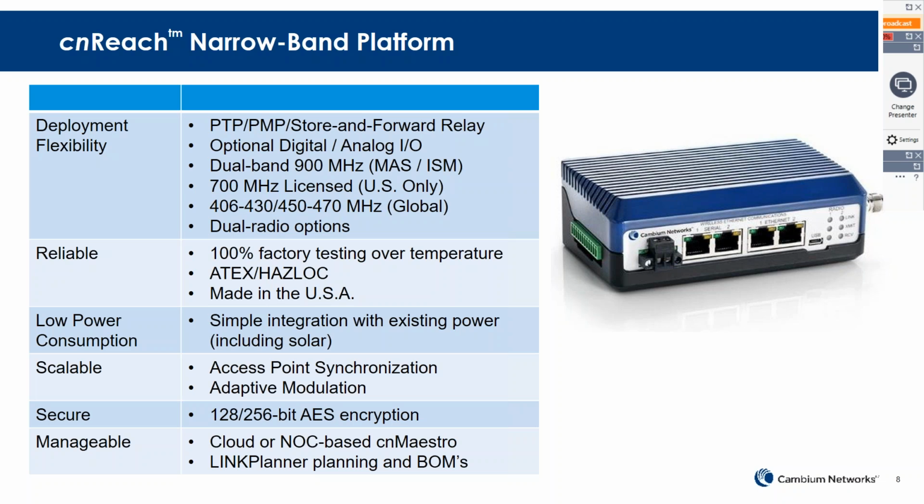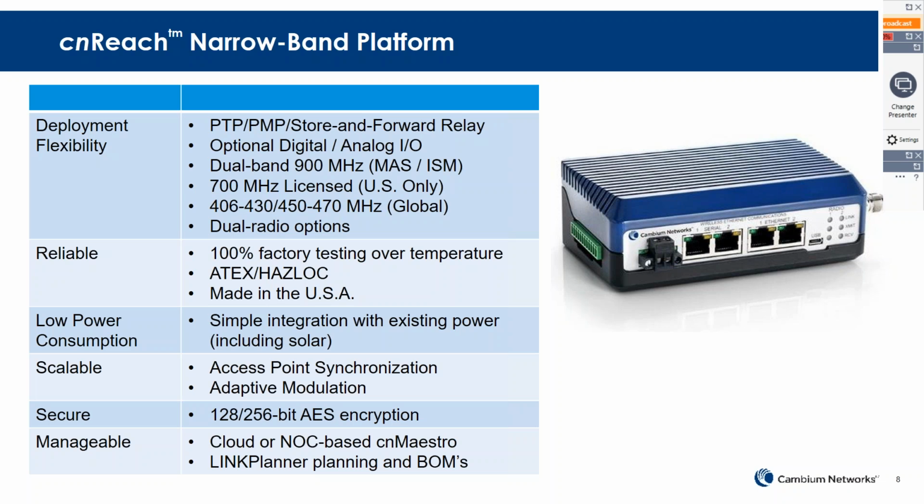But when you consider cost and your deployment environment, you may end up having to deploy a narrowband product. So there you go. You have this cnReach platform to help you implement your network.